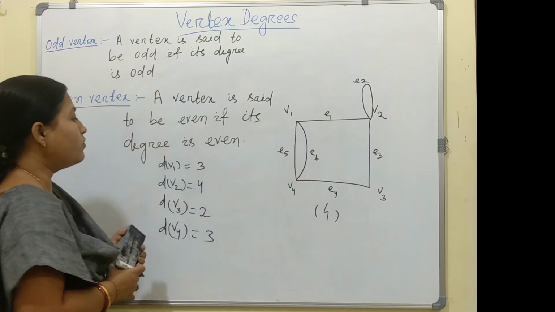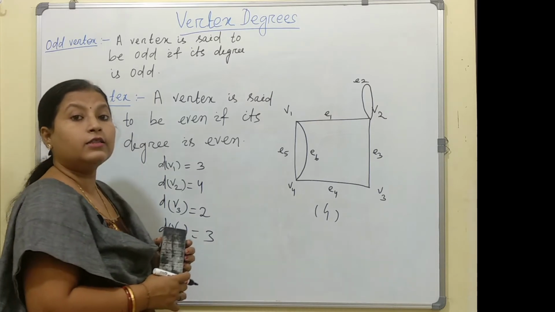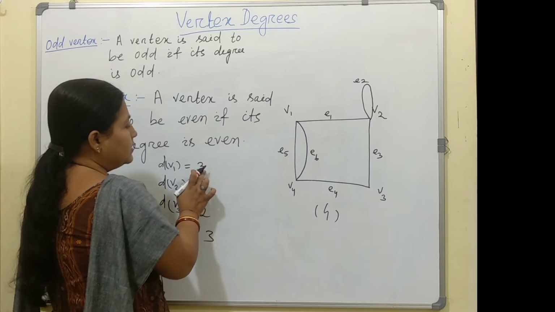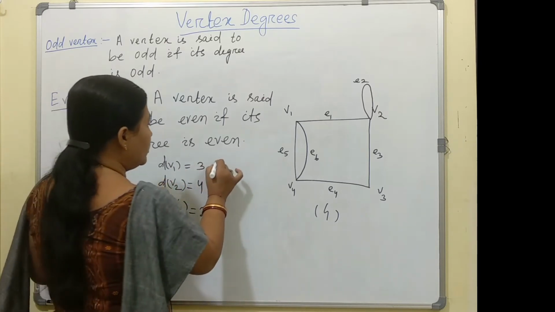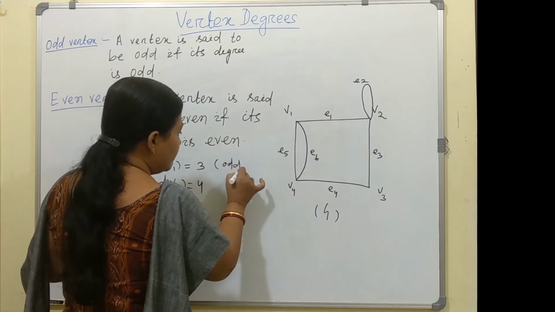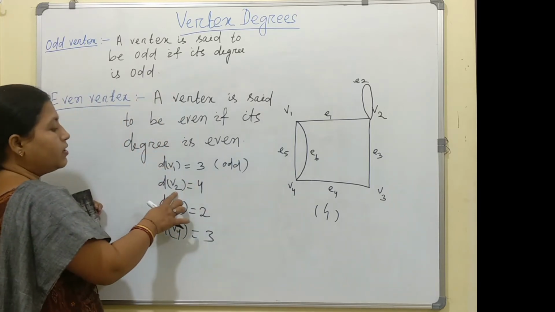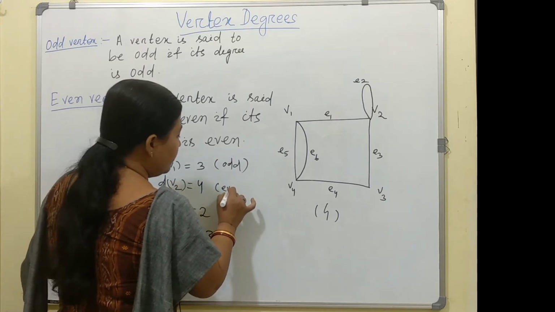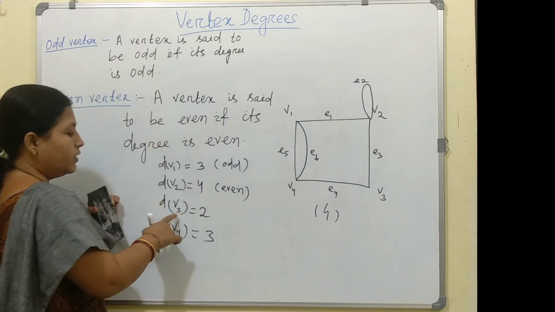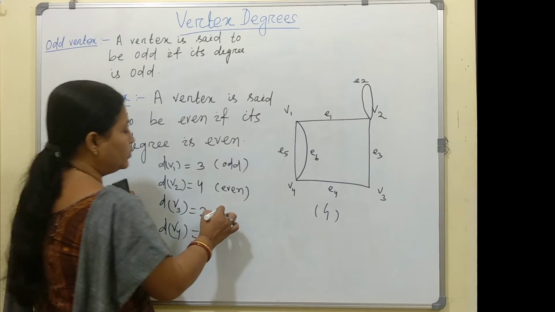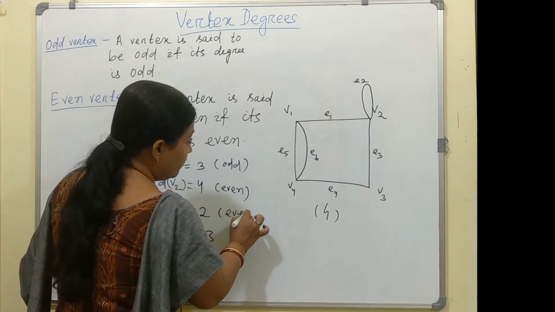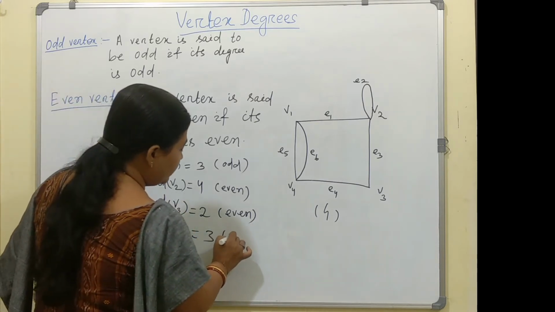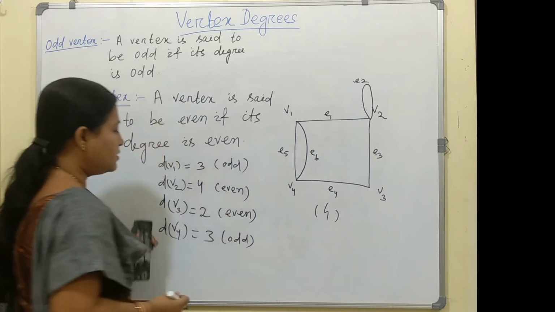So now we'll find the odd vertices and the even vertices. Here degree of V1 is 3. This is an odd number, so it is an odd vertex. Degree of V2 is 4, which is an even number, so it is an even vertex. Degree of V3 is 2, so this is also an even vertex. Degree of V4 is 3, so V4 is an odd vertex.